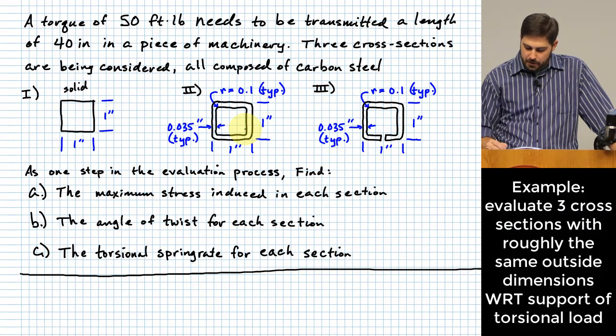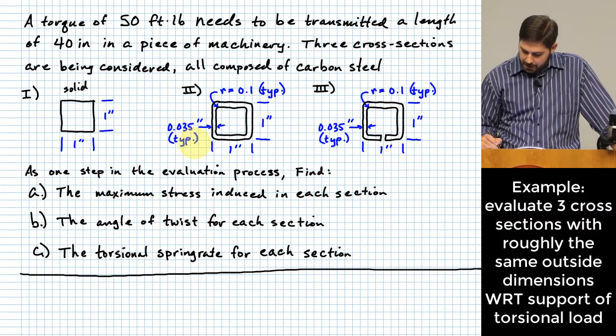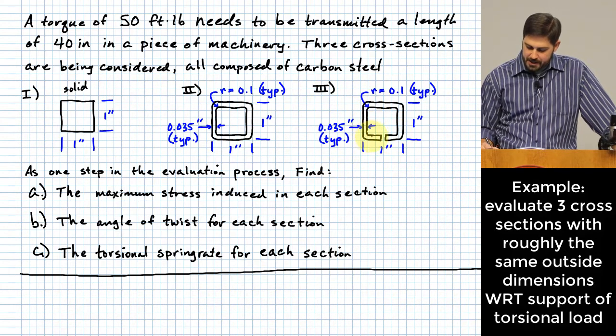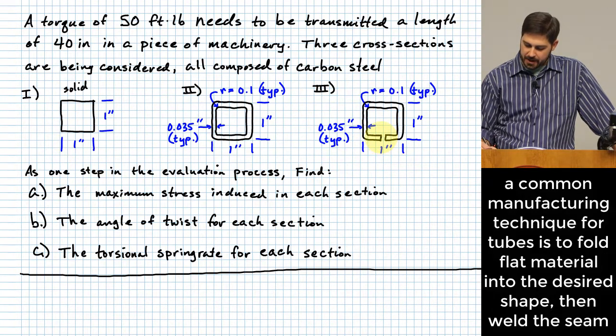All right, the wall thickness of this square member is 35 thousandths of an inch. Then our third option is basically the same exact cross-section as the closed member, but with an open section. You see down here it basically has a slit in the cross-section.